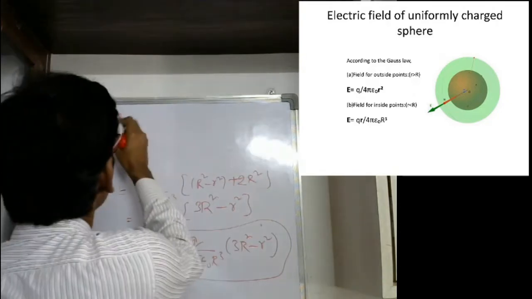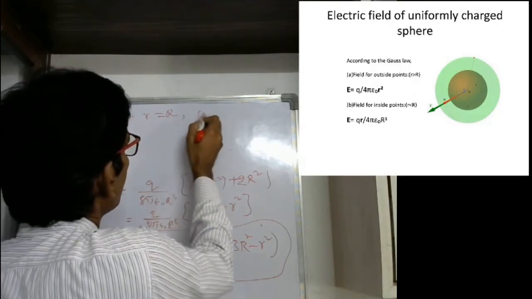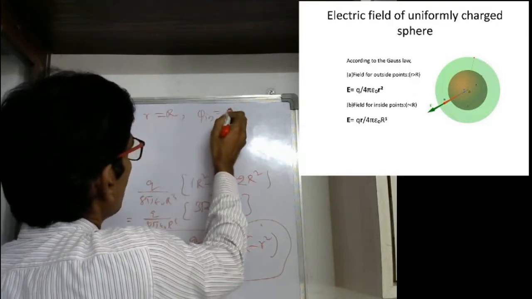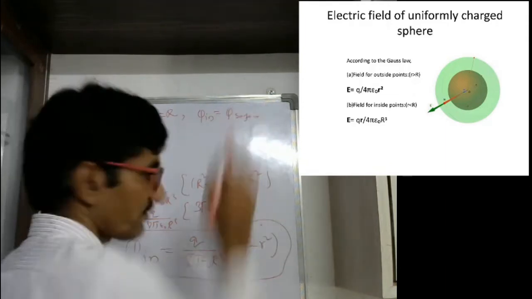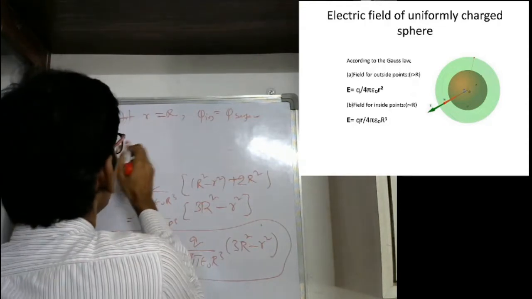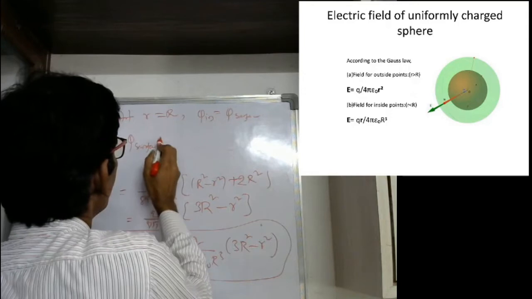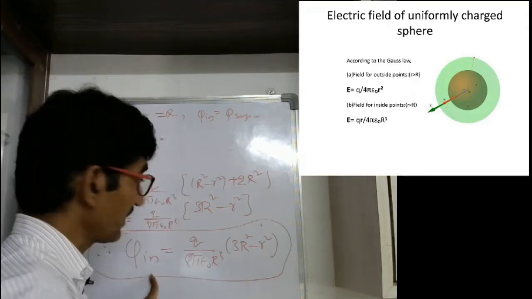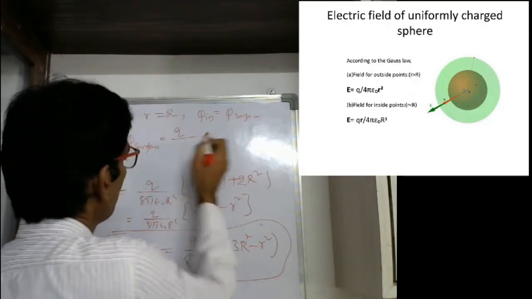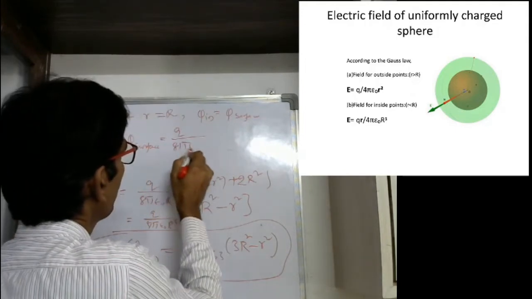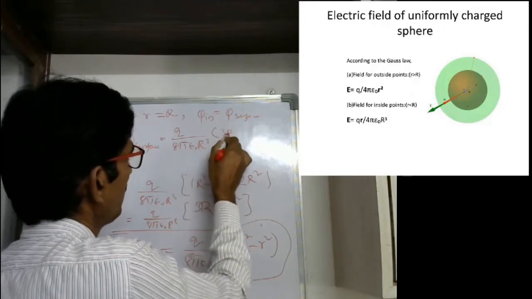Okay, now I will write here. At small r equal to capital R, phi in becomes phi surface. Therefore, phi surface is equal to, now this is phi surface whenever you put r equal to capital R. Okay, q by 8 pi epsilon naught r cube, 3R square.